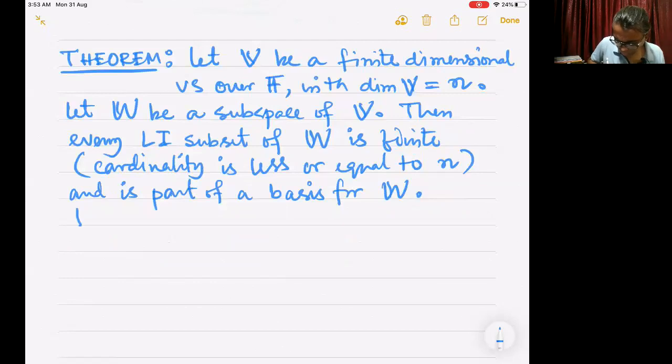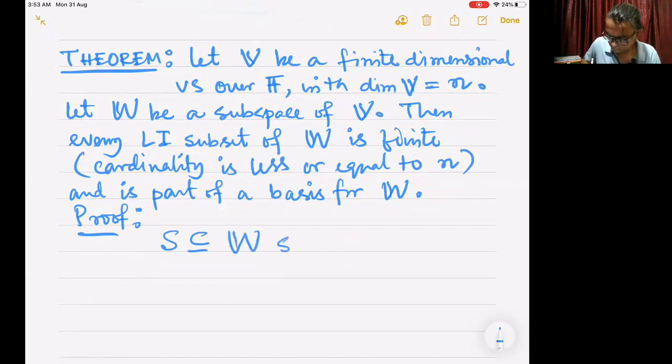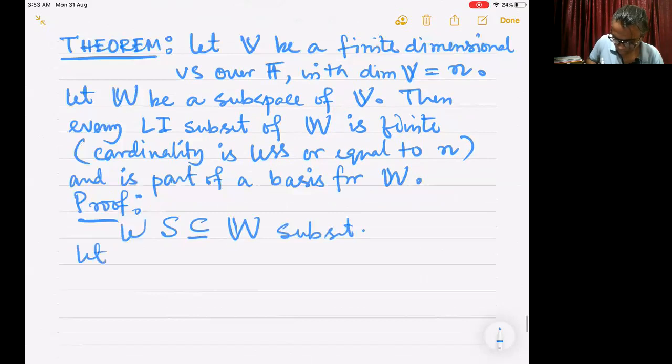It's quite a mouthful, but the proof, in fact, is very simple. Yeah, it's actually a very simple result. You see, V is a finite dimensional vector space. So suppose S is a subset of W. Let S be linearly independent, right?